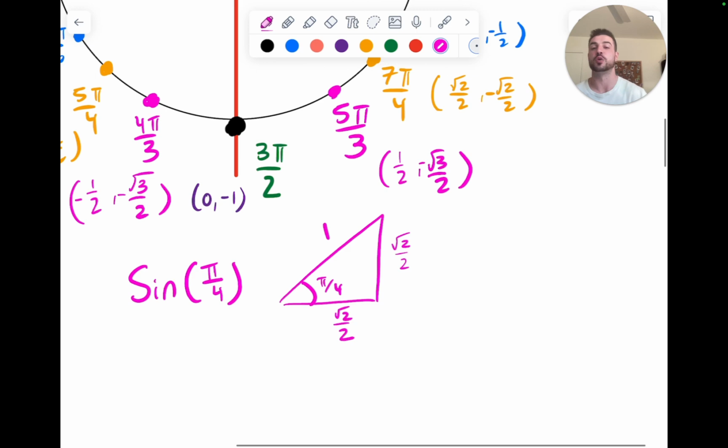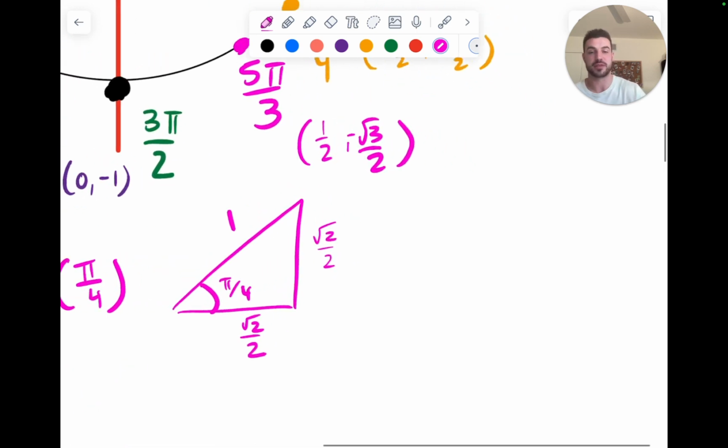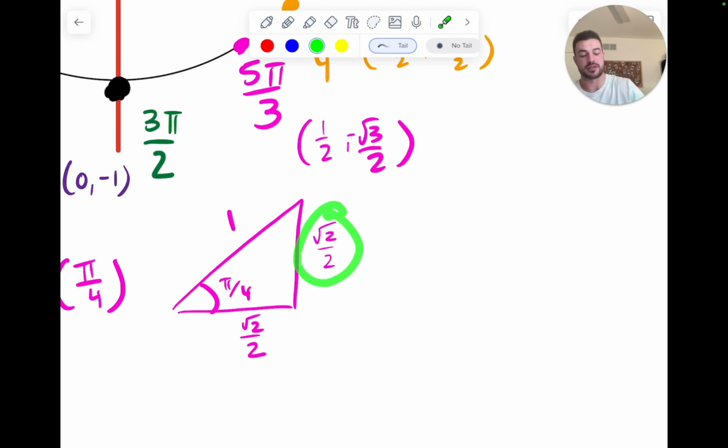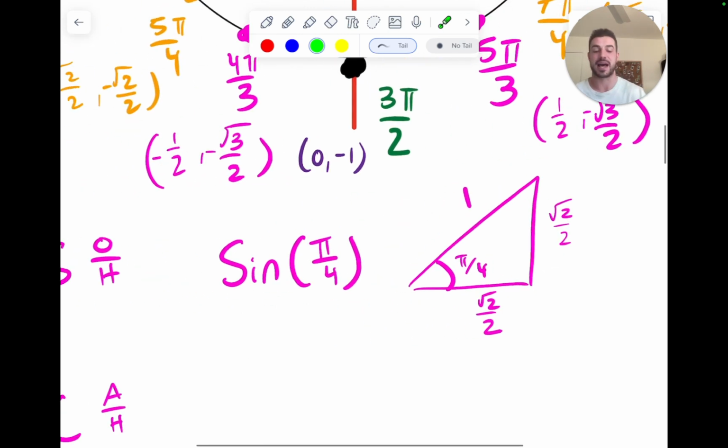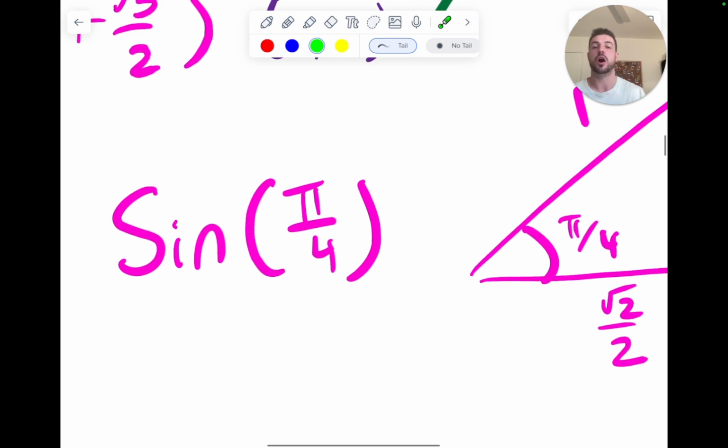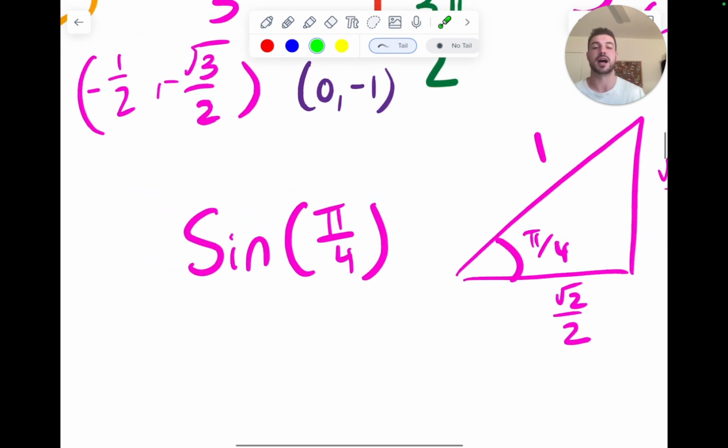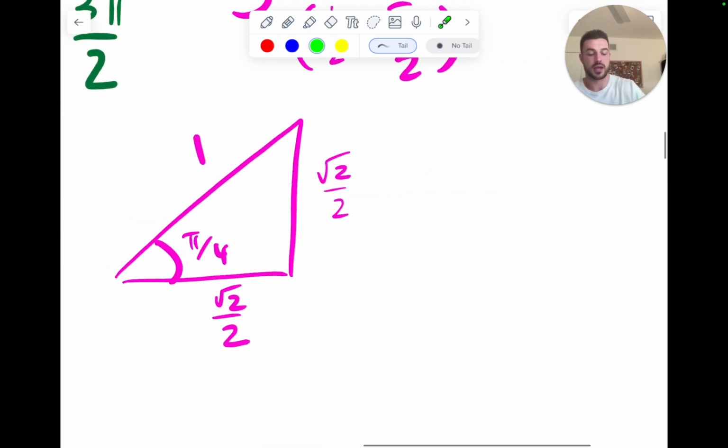Sine is equivalent to the opposite side divided by our hypotenuse. So really what that is, it's our vertical value divided by 1, which is essentially just the vertical value. So when you are taking the sine of an angle, all we are looking for is the coordinates on the unit circle, and we are looking at specifically their y value.